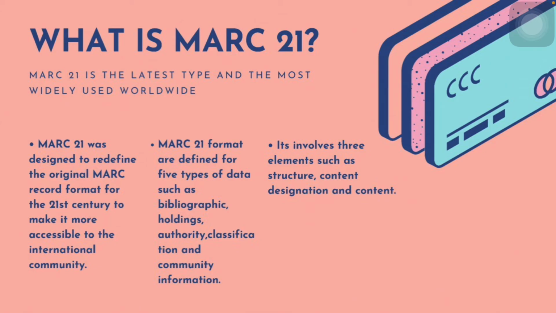The content designation, the codes and conventions established to identify, explicitly, and characterize further the data elements within a record and to support the manipulation of those data, is defined in the MARC 21 format.